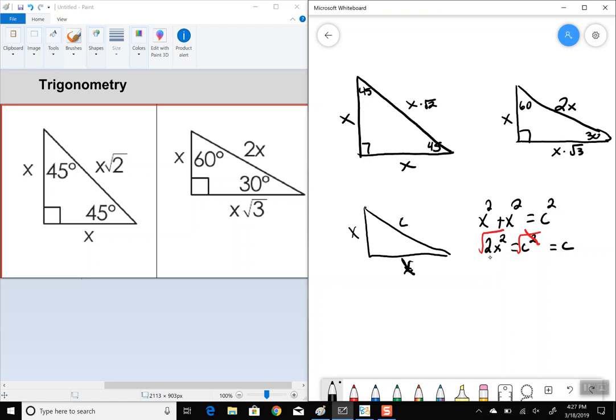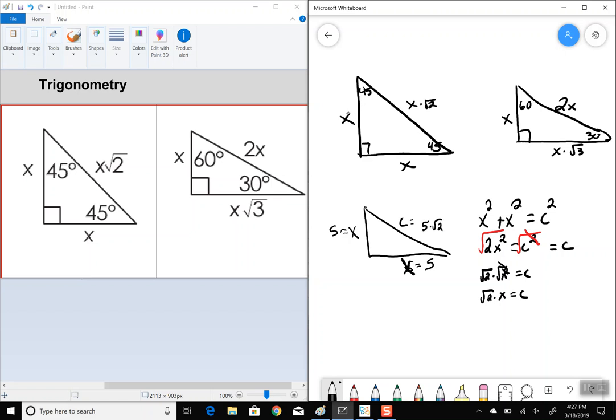But one is you can simplify this, or break it apart, as the square root of 2 and the square root of x squared. And the square and square root cancel, so this is really the same thing as the square root of 2 times x is the longest side. So like if I knew that this side was 5, then this side must be 5, and then this side would be 5 times the square root of 2.